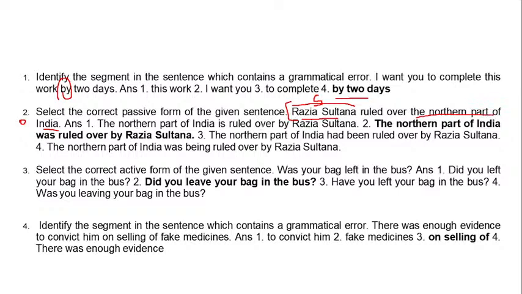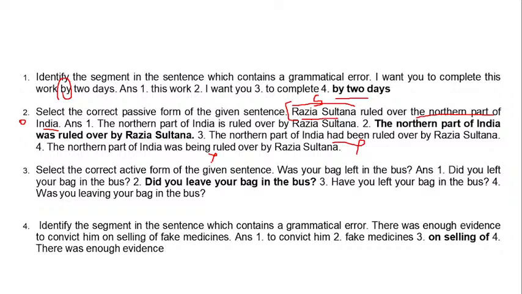So let's explore the options. Which one is correct? The northern part of India is ruled by Razia Sultana. The northern part of India was ruled by Razia Sultana. The northern part of India had been ruled, was being ruled. We can cut off had been ruled and was being ruled straight away because we don't have a perfect tense or a continuous tense in our active form, so we don't need them.